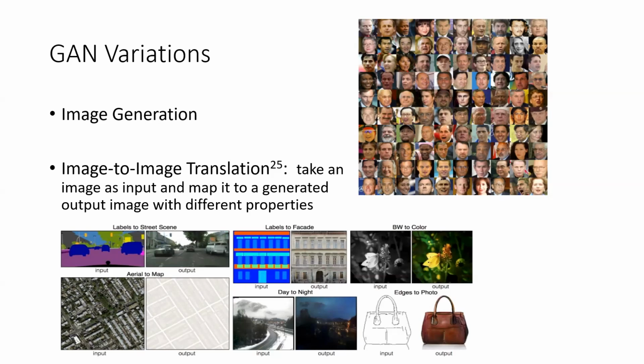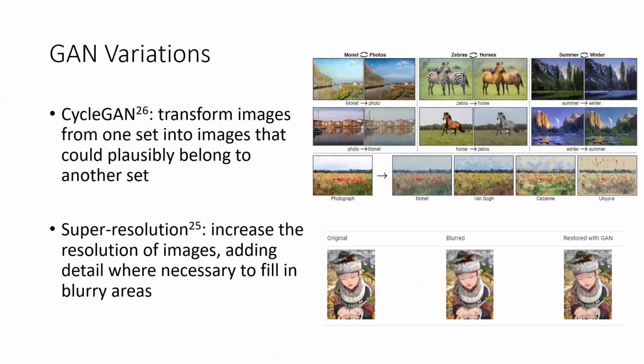Image-to-image translation is where we take an image and map it to a generated output image with different properties, for example different colors. CycleGAN is a variation, an application with changes to the original GAN architecture. CycleGAN transforms images from one set into images that would possibly belong to another dataset.